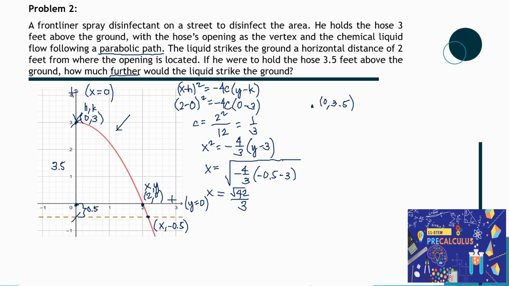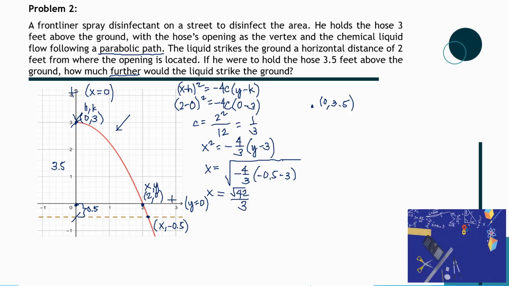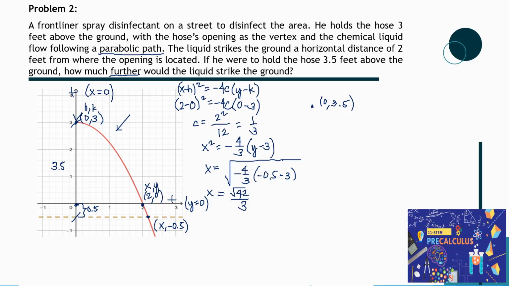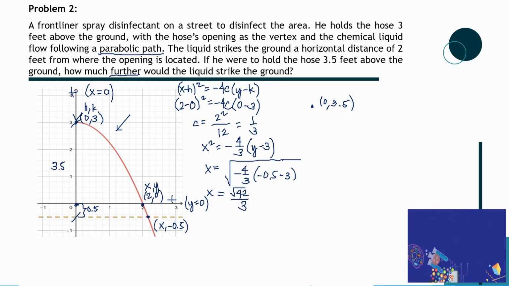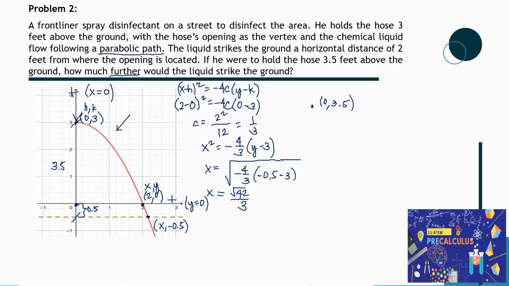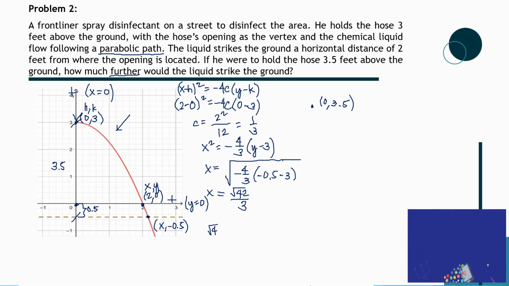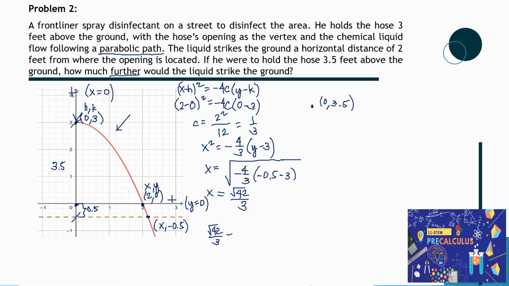So we simply subtract it by 2 feet, the initial distance covered by the liquid as mentioned earlier, to find the remaining horizontal distance it needs to travel before striking the ground. So we subtract it by 2 feet. So this must be in feet.